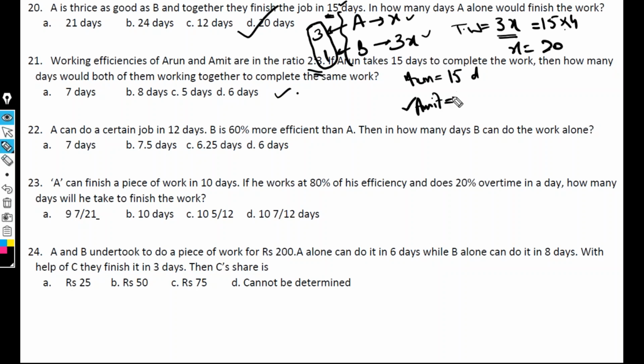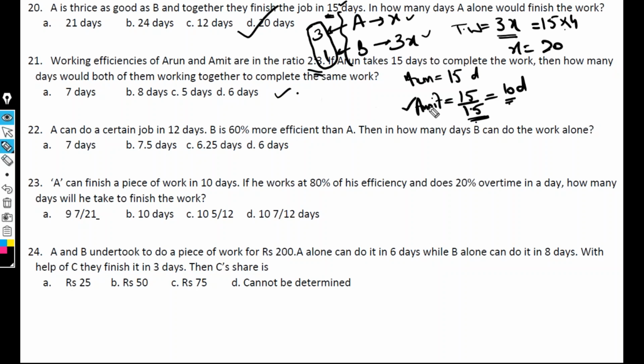So if Amit is 1.5 times more efficient than Arun, then the time taken by Amit to complete the very same work is 15 upon 1.5, which is 10 days. I hope this part is clear to everyone.